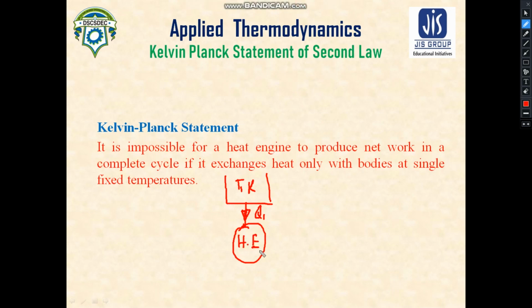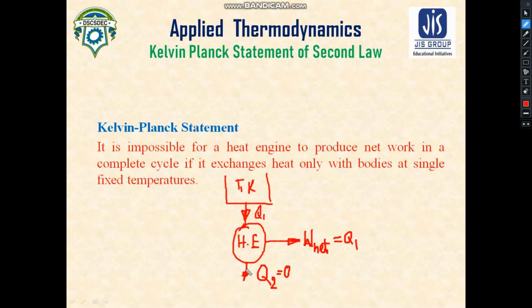So this is your heat engine here, and you see that this Q2 is equal to 0. Okay, so this is your W net. So here this W net becomes equal to the heat input, that is Q1.